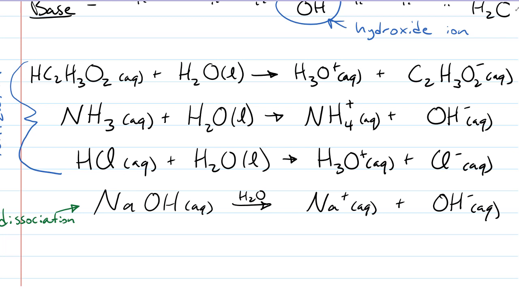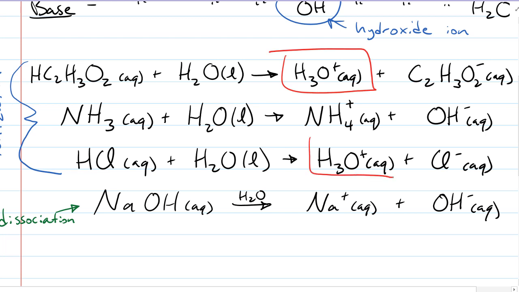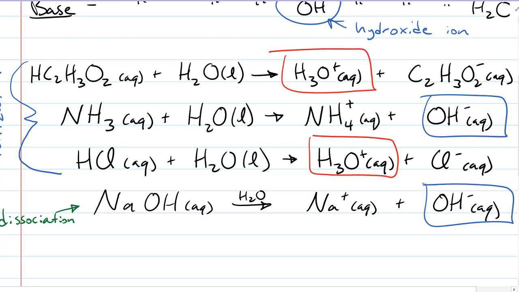Now, in each case, what makes an acid or a base is, if it's an acid, it contains hydronium ions. If it's a base, it contains hydroxide ions. Now, a couple other things.